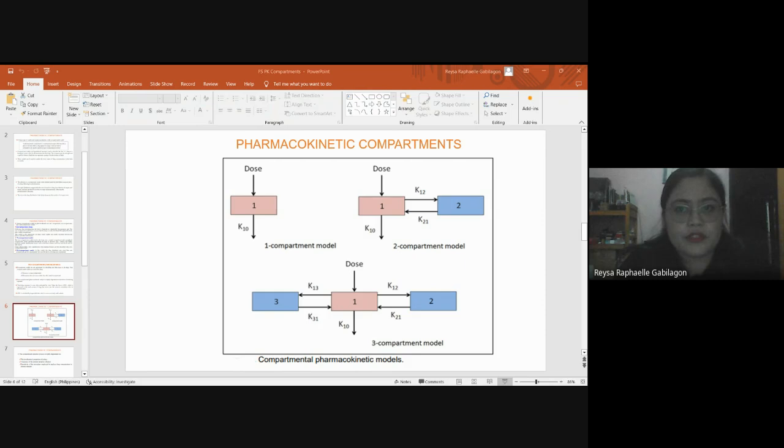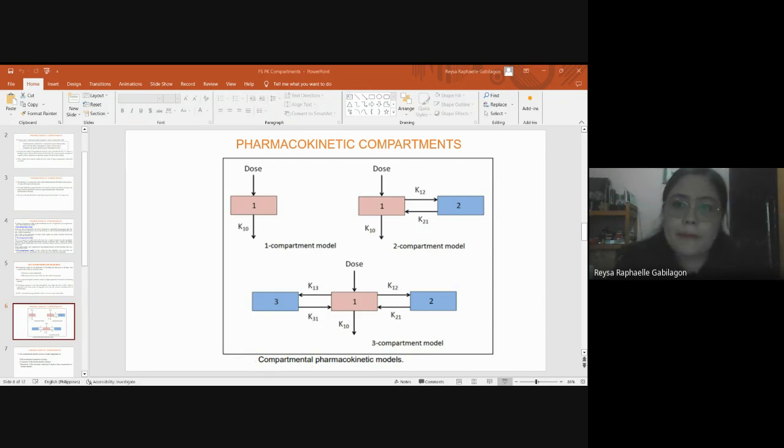So that's the two compartment model. This is just another representation, but it represents the same thing as the one or two compartment model. So there is distribution, and there is redistribution.